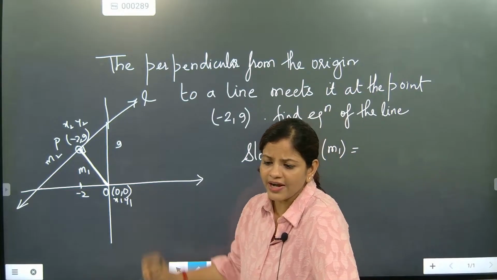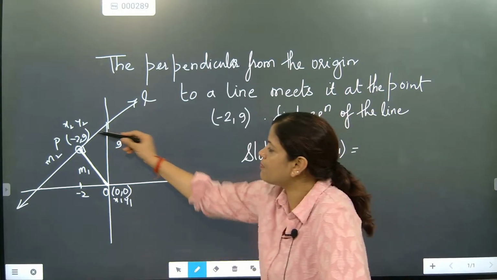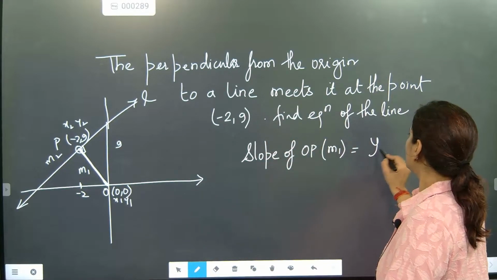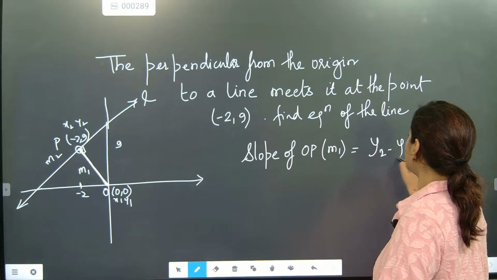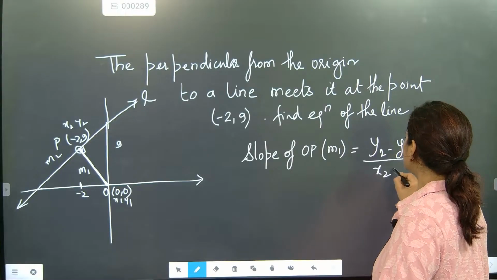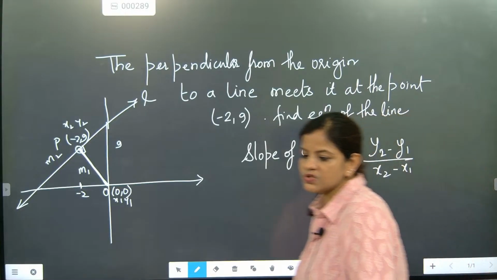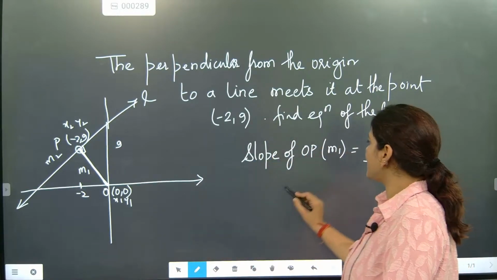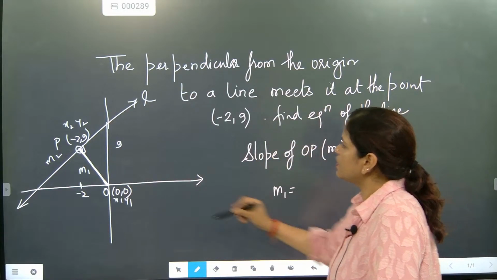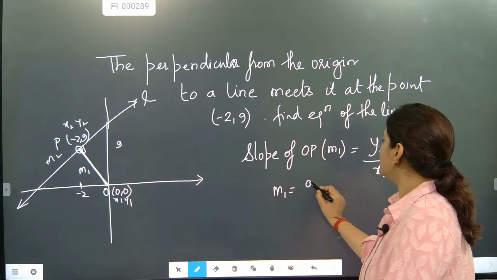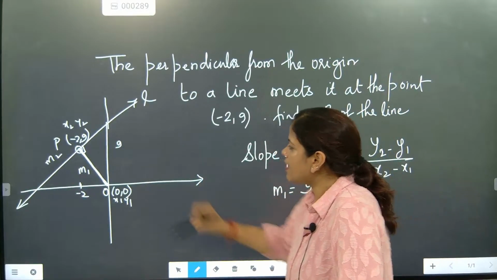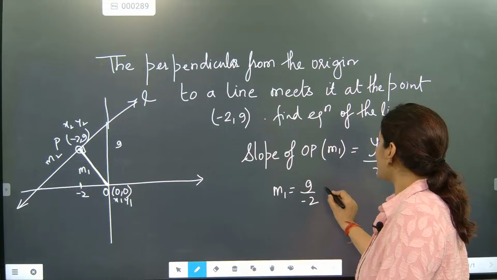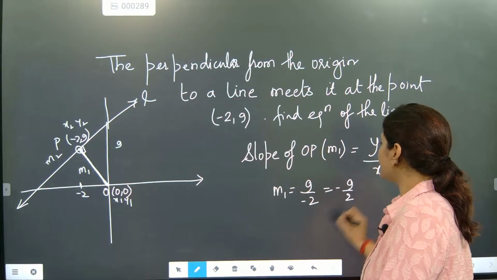Our formula for finding the slope is (y2 minus y1) by (x2 minus x1). So M1 slope is equal to 9 minus 0, that is 9, and then -2 minus 0 is -2. So M1 slope is coming as -9 by 2.